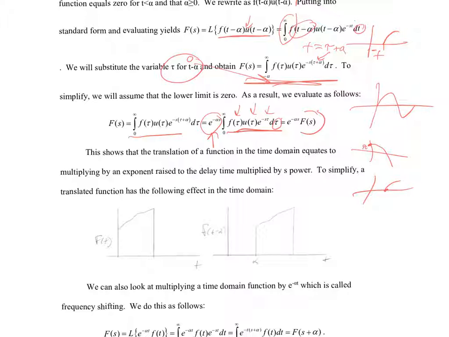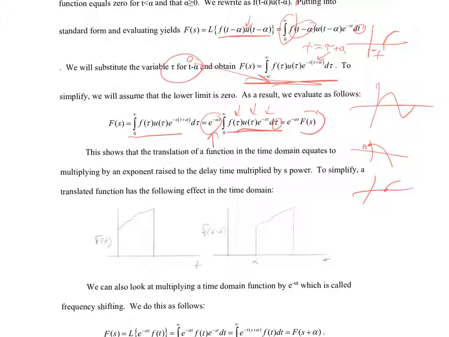So here's the thing. If you have a time domain function that is delayed by a certain amount of time, how do you go to the Laplace domain? You take the original function and assume it was never delayed at all, and you just bring that to the Laplace domain. So sine of omega t, e to the minus 3t, whatever it is.